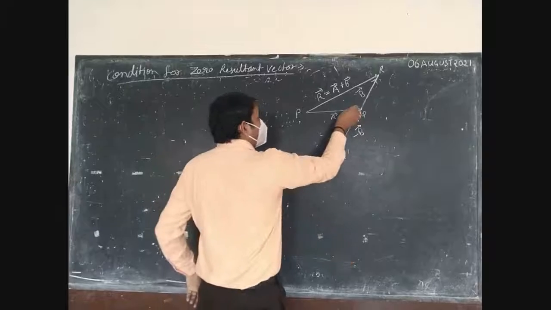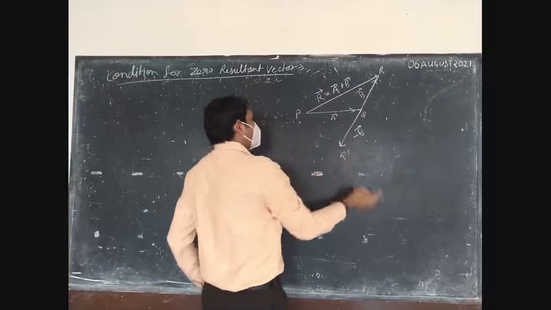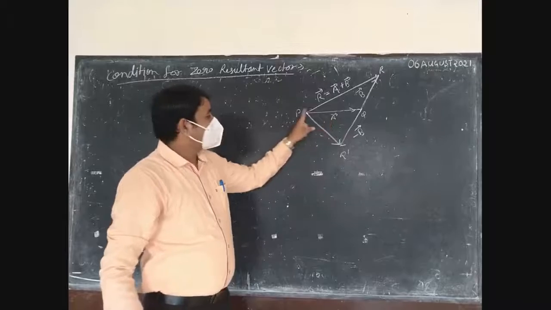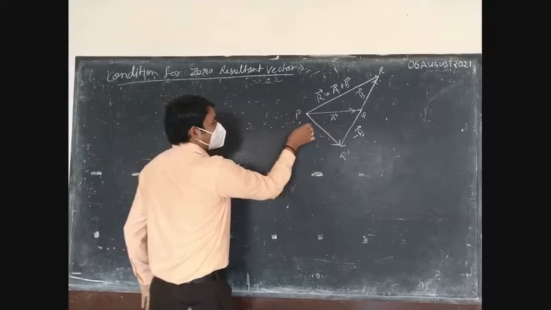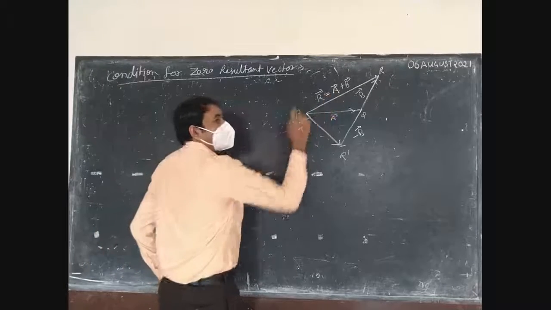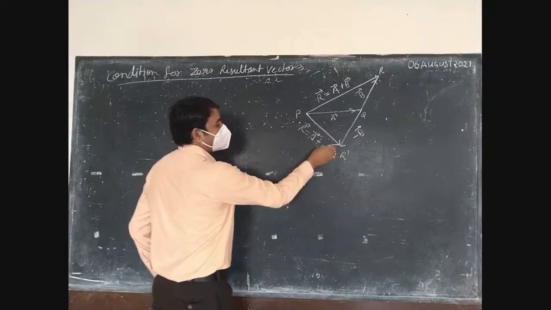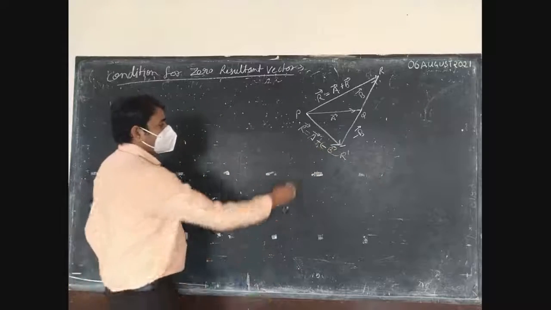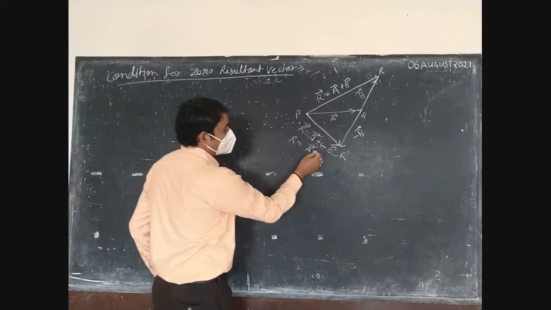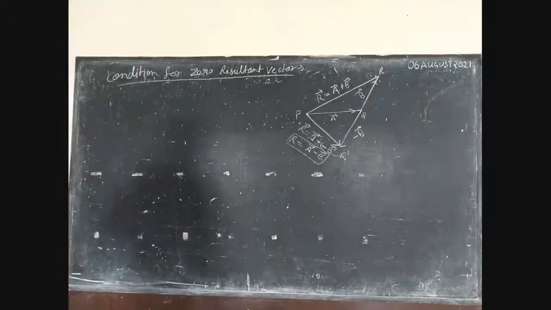Now here we know that if two vectors are acting from P to Q and Q to R dash taken in one order, then we get the resultant of the two by joining the tail of vector A to the head of vector B. Then we get the resultant of vector A and vector minus B. According to the triangle law of addition, this is equal to vector A plus minus vector B, which is equal to vector A minus vector B. This is how we subtract two vectors, as we learned in the previous class.